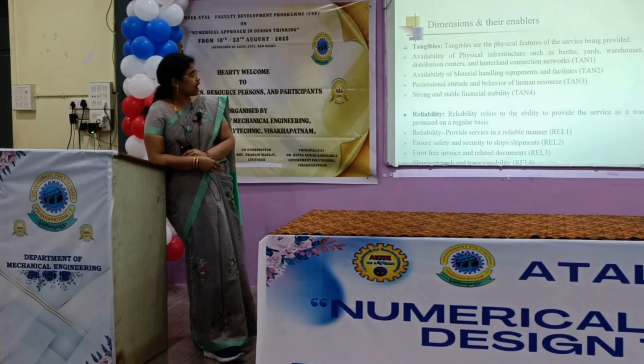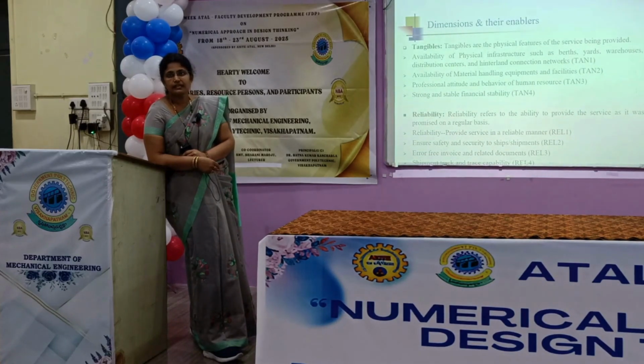So under these physical facilities, I have considered four sub criteria. What are those? Availability of physical infrastructure, like yards, warehouses, distribution centers, are there or not. Another one is availability of material handling. These are very, very important. To move the goods from one place to another place, we need material handling equipment. That facility we also need.